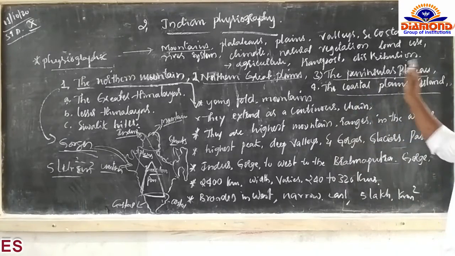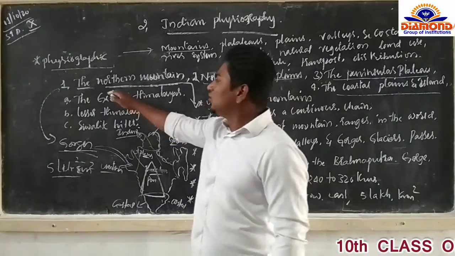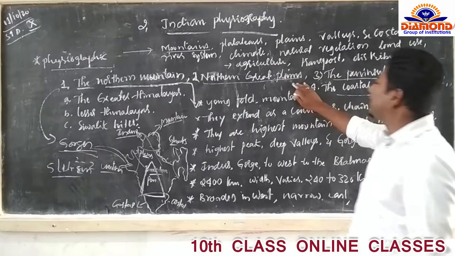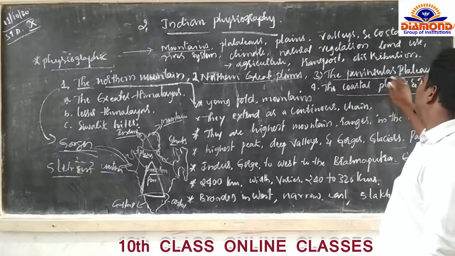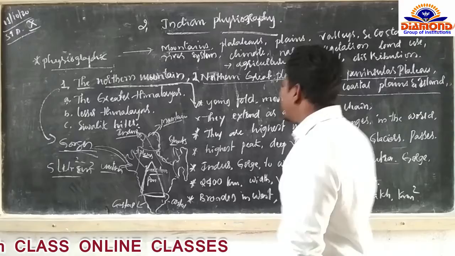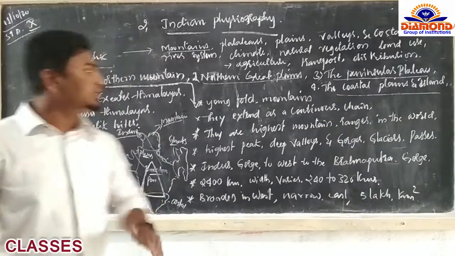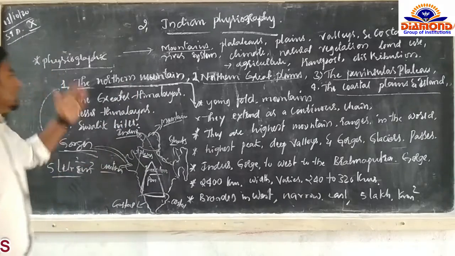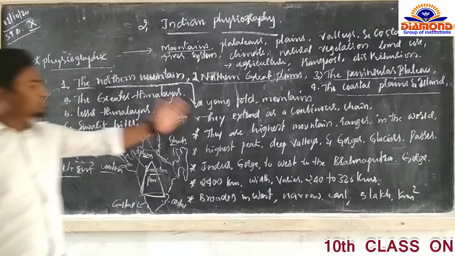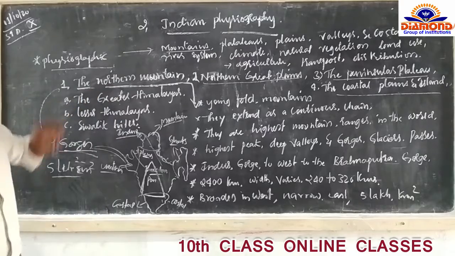It is divided into 4 categories: the northern mountains, the northern Great Plains, the peninsular plateau, and the coastal plains and islands. These are the features of the northern mountains.